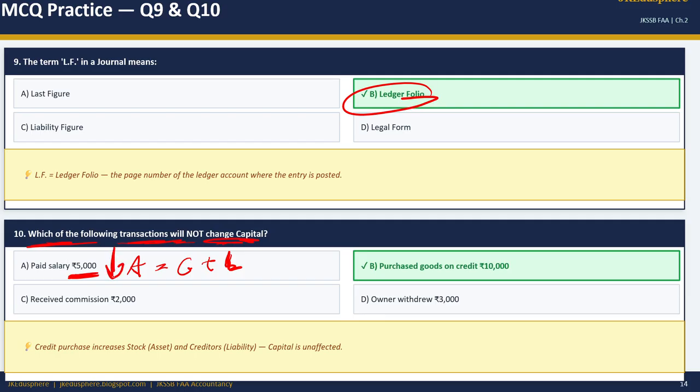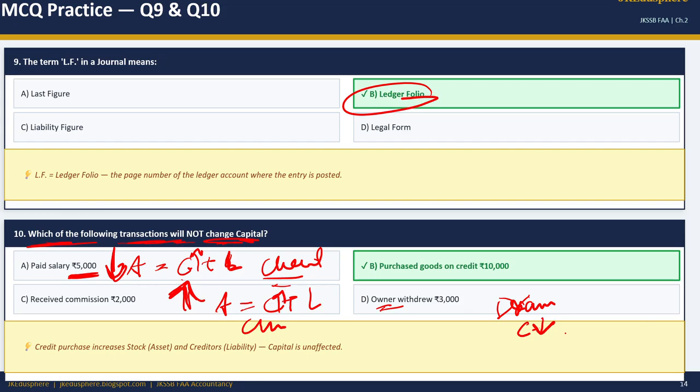Decrease in asset because cash decreased, so it will change. Received commission, there'll be a gain, so it will increase the capital. So there'll be asset is equal to capital plus liability. Capital increase, so there'll be a change. So owner withdrew, so there'll be a drawing.